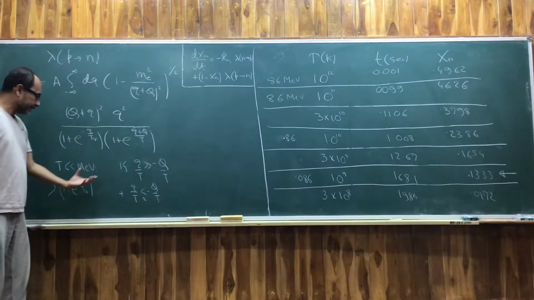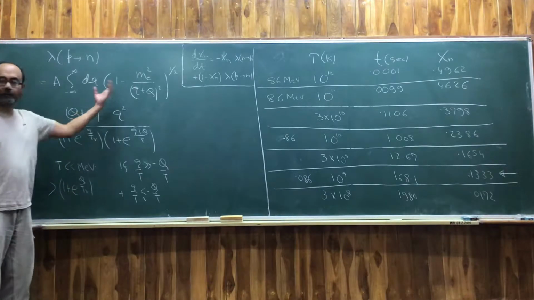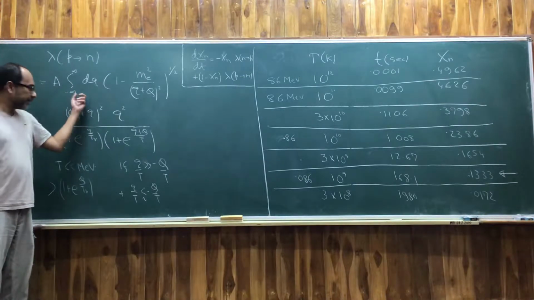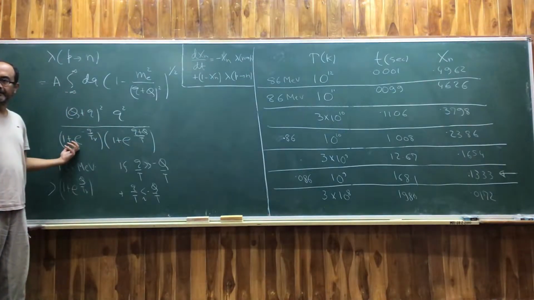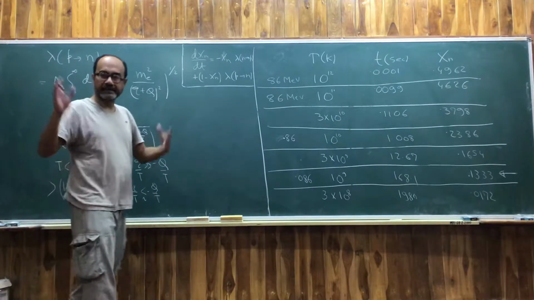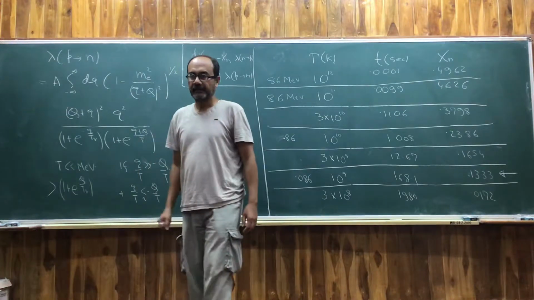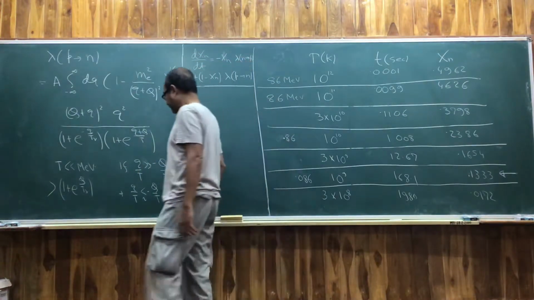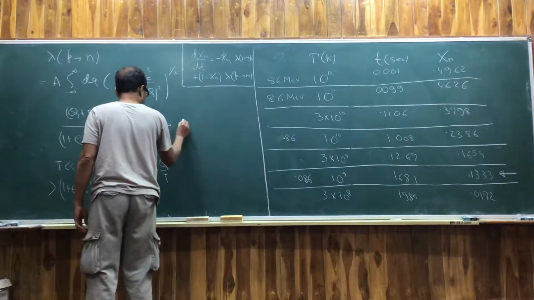So in either case, for the whole range of integration over Q, either this is large or this is large. So this integrand always has a large denominator, which basically means that this is small.